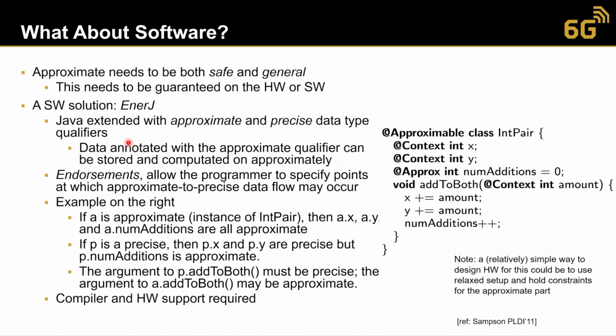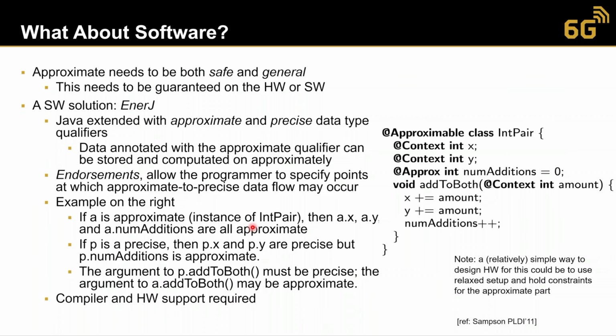And if you combine in some way precise and approximate values, then the end result becomes approximate. There's a small code example here. This is a nice way of thinking, but of course it needs its own compiler and in all likelihood a big rewrite of existing code.